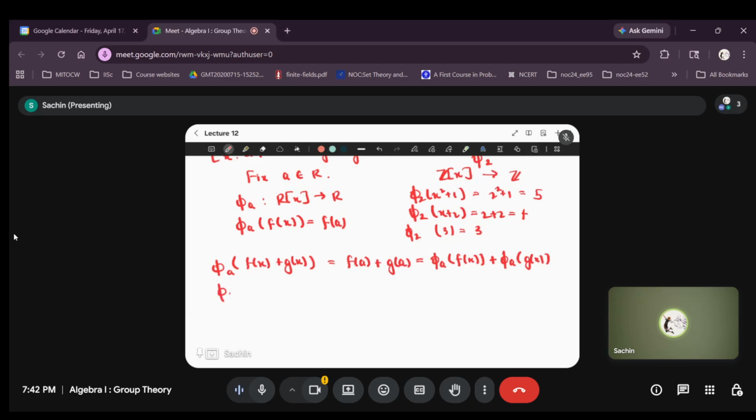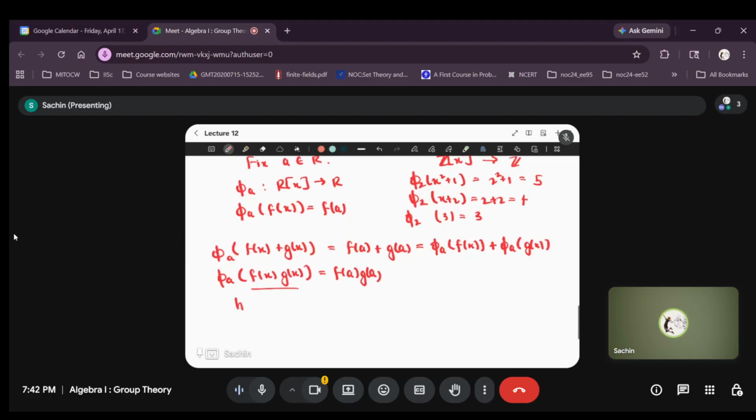Similarly for multiplication. This is simply f of a into g of a, just by definition. We define the product of two functions as the pointwise product.